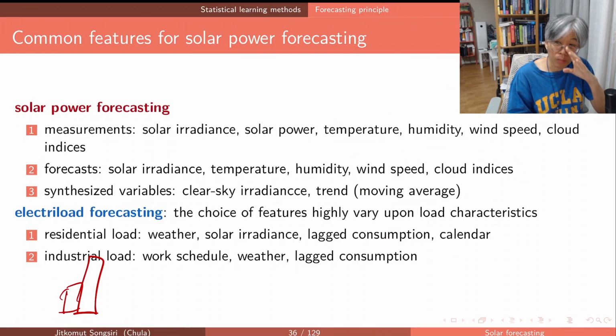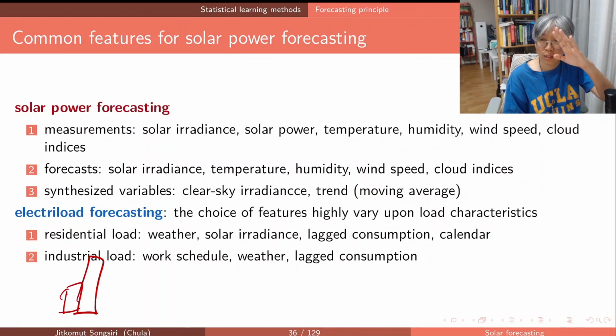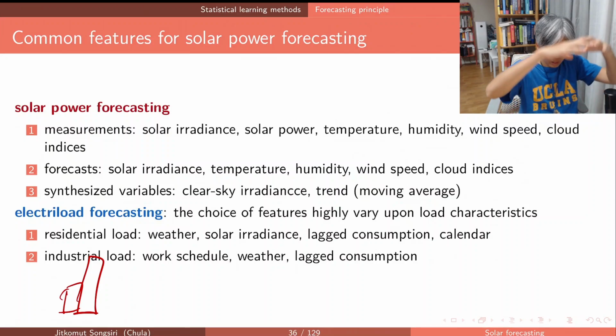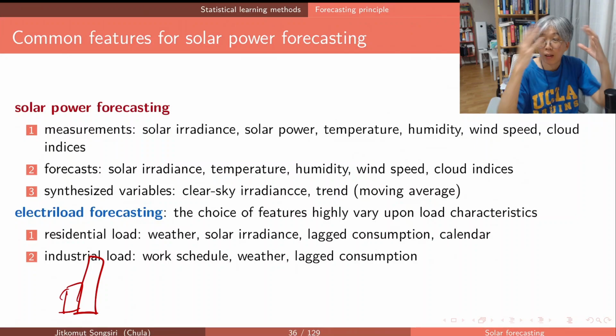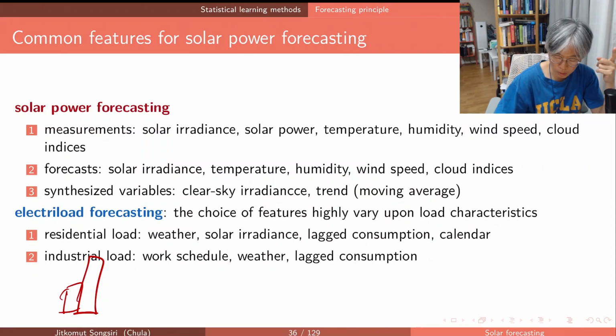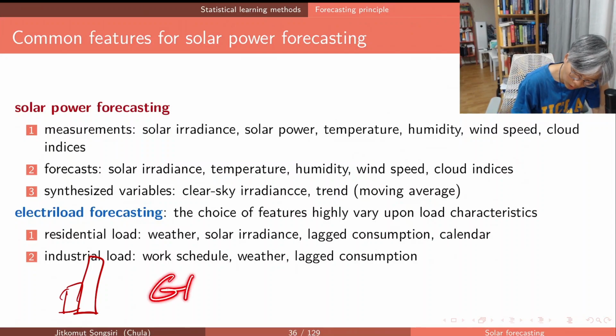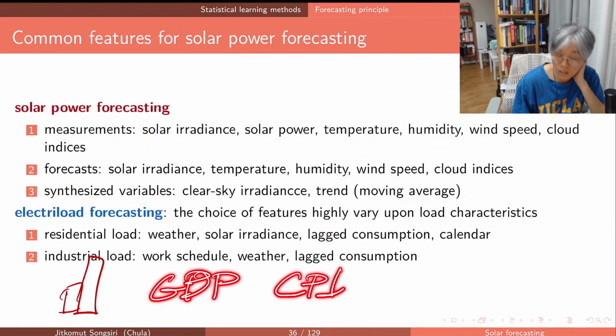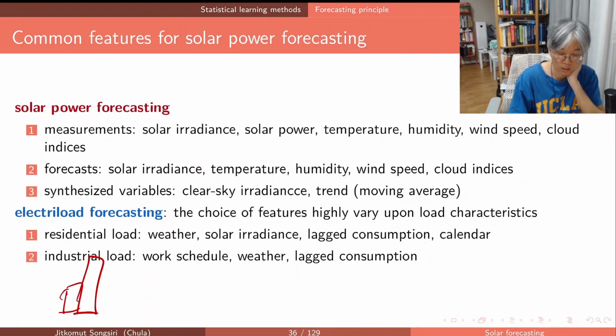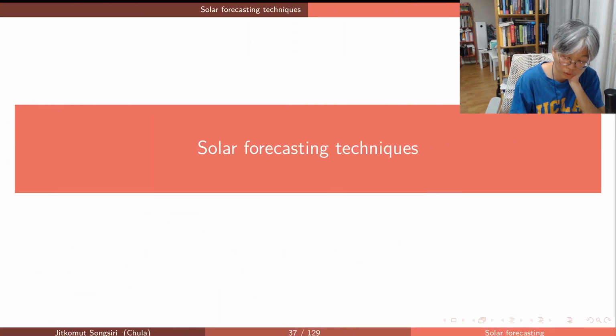If the economy of our country grows, it means that we have to consume a lot of energy as well. So at the country national level, if you want to predict the load, other common features would be GDP, CPI, and things like that. All those economic variables.